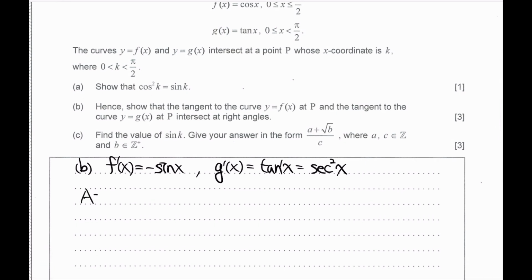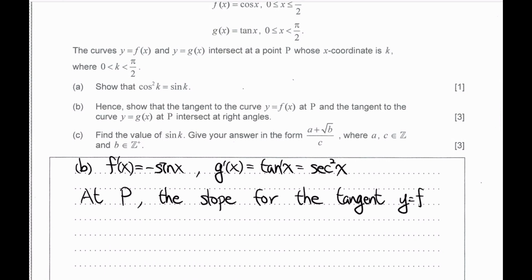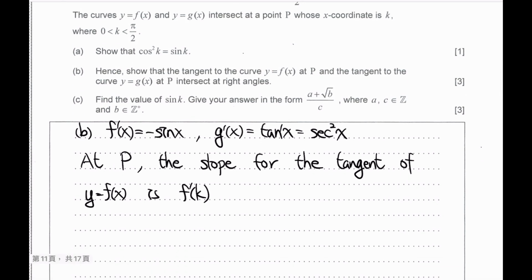So at point P, the slope for the tangent of y equals f of x is f prime of k, which is equal to negative sine k.